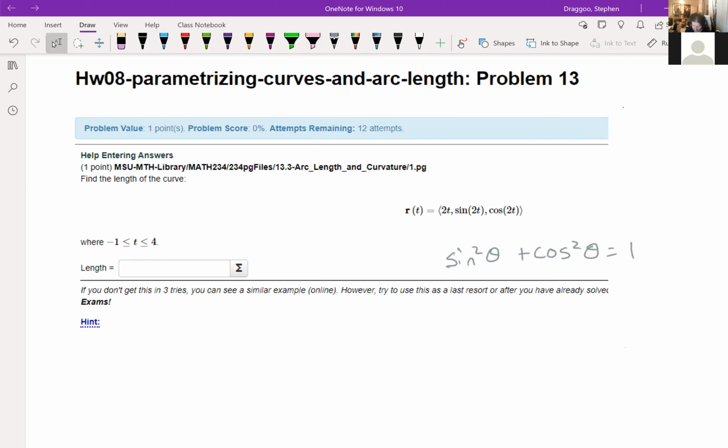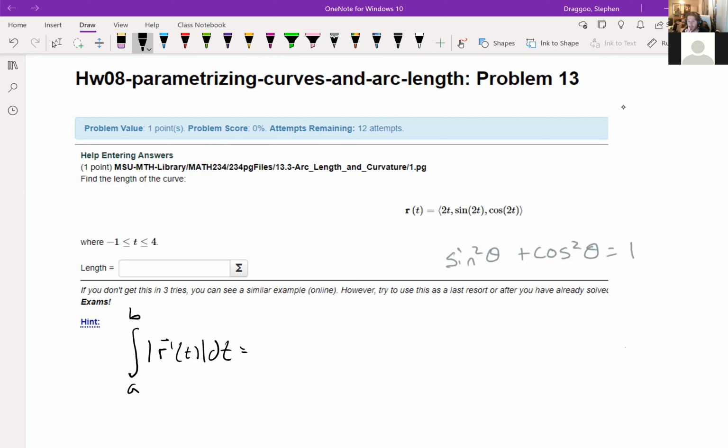So we want to get the arc length of this thing, right? The length of a curve, and it's already parameterized for us, which is particularly nice. So I want to integrate from a to b the magnitude of the derivative vector dt.